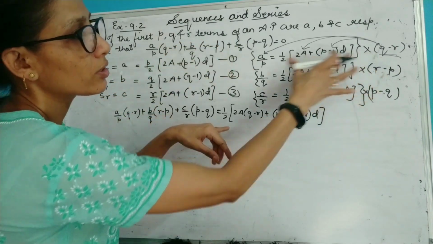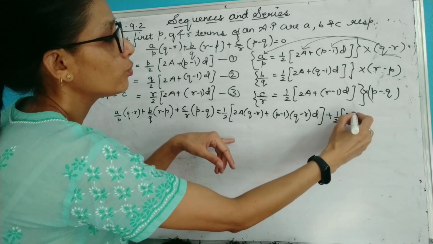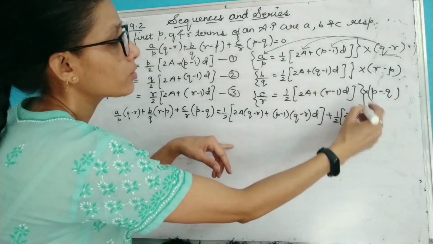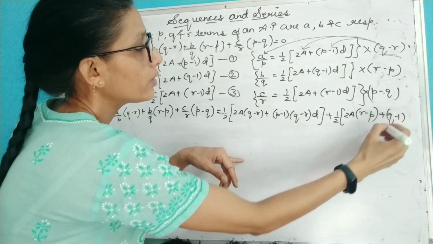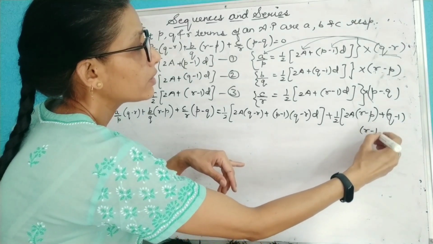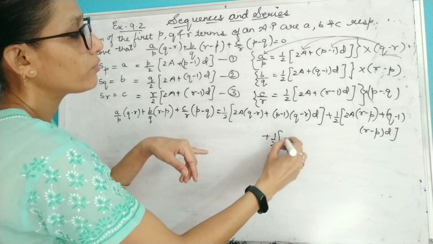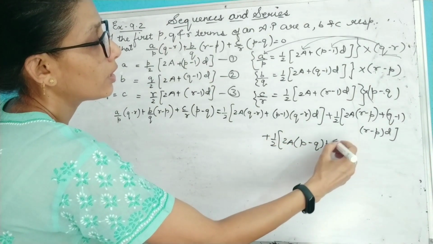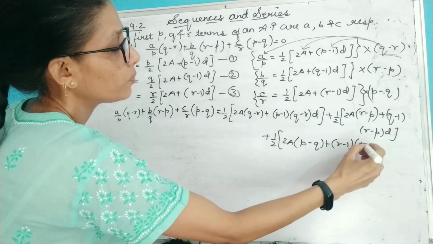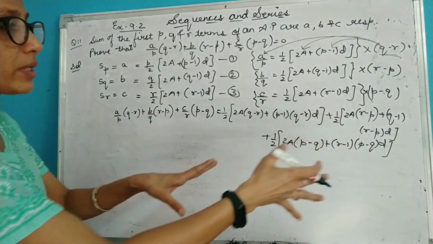So this is the first term, plus again half 2a, I am multiplying this with this, so r minus p plus q minus 1 into r minus p into d. Again the last term, half 2a into p minus q plus r minus 1 into p minus q into d. So this is my left hand side and this is my right hand side.